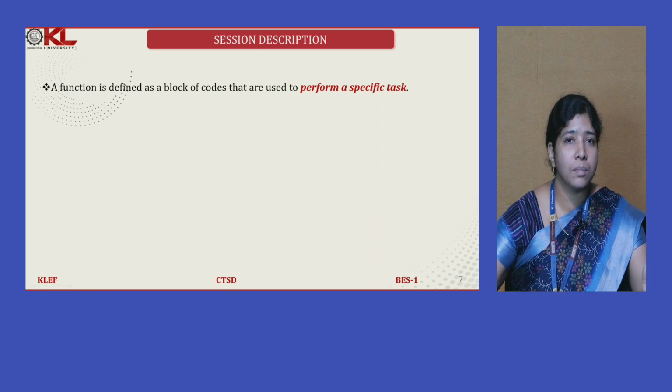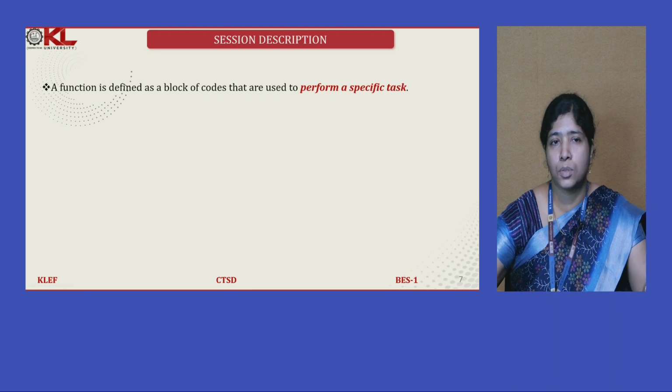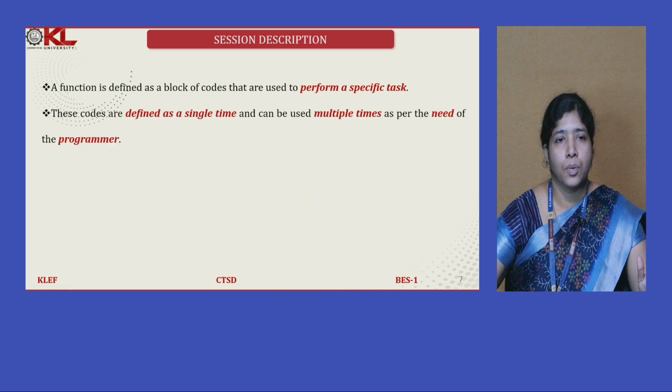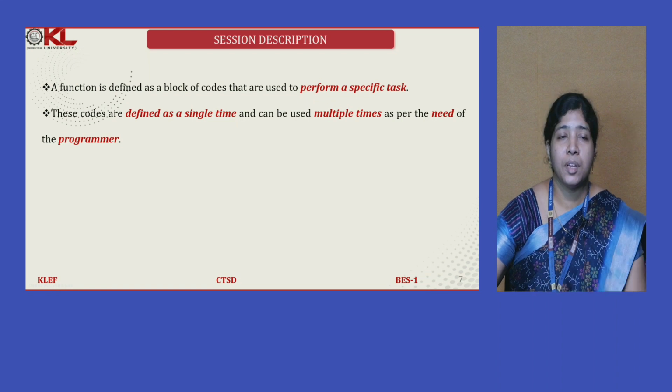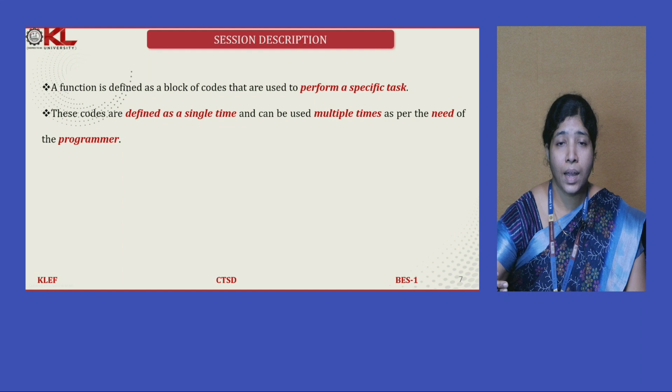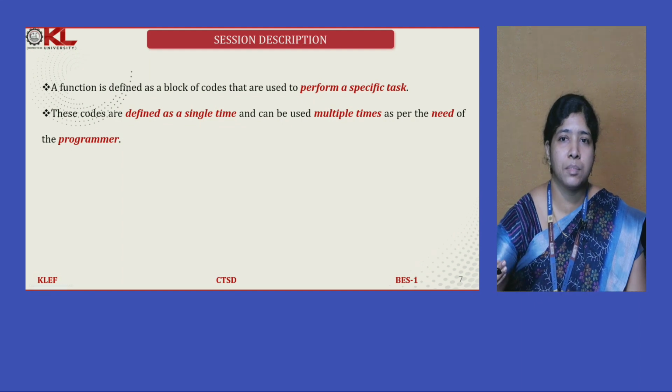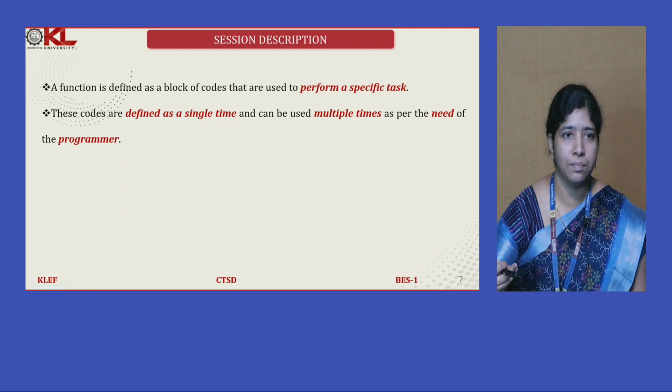A function is a certain task we are supposed to do. These codes are defined a single time, outlined once, and we can use it multiple times as per the need of the programmer.